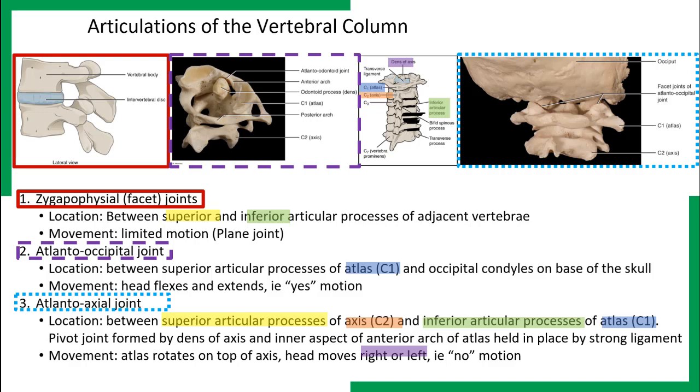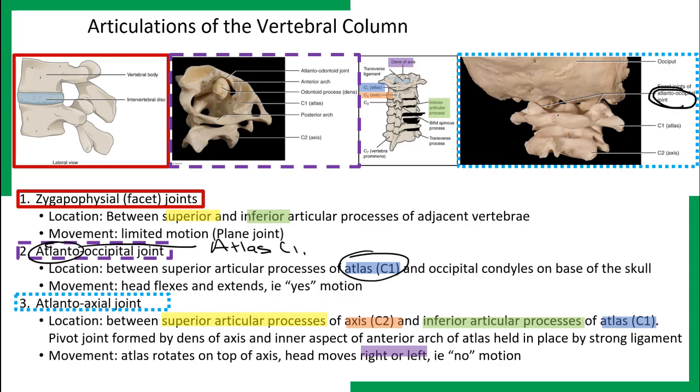These joints have limited motion because they are plane joints. The two special joints in the vertebral column are the atlanto-occipital joint, and atlanto refers to atlas, which is your first cervical vertebra.